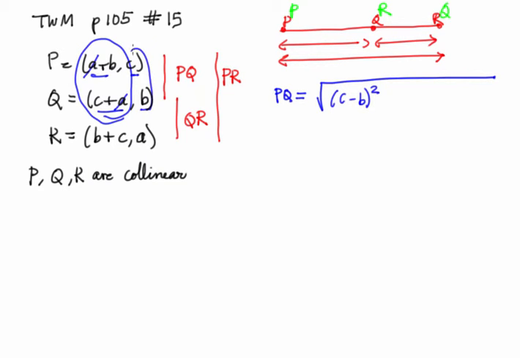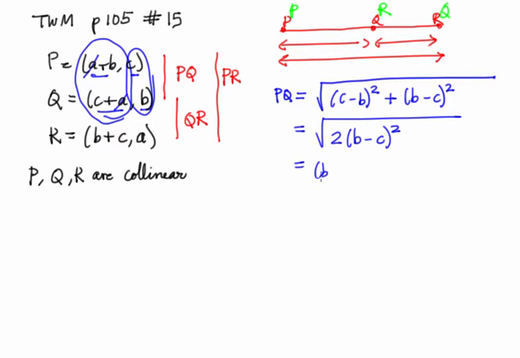And over here, by taking these two, I get b minus c the whole squared. Now, when you square them, c minus b squared is the same as b minus c squared. So this is equal to root of 2 times b minus c the whole squared, which is equal to b minus c times root 2.